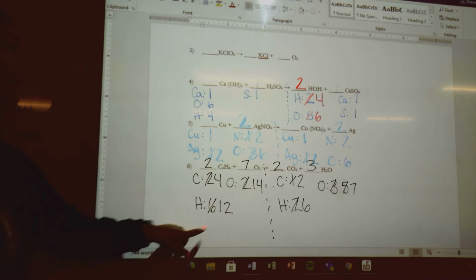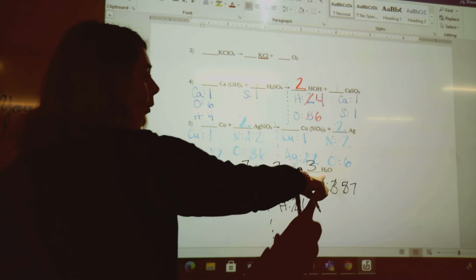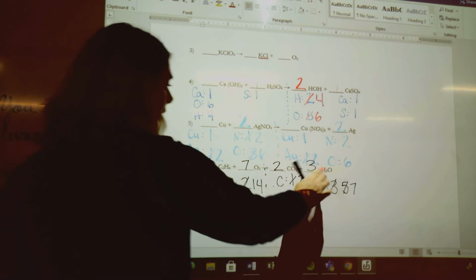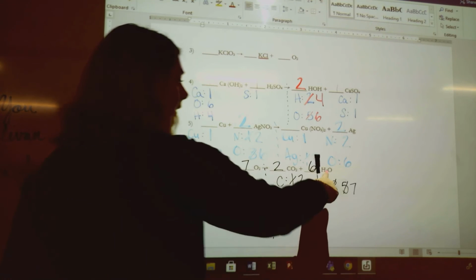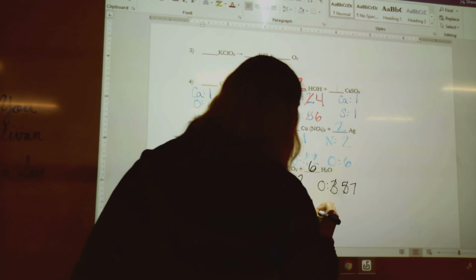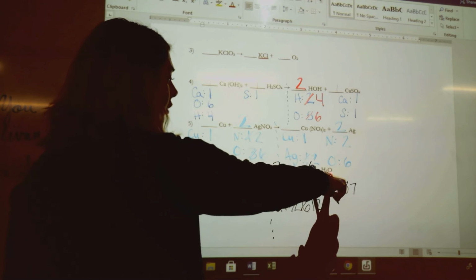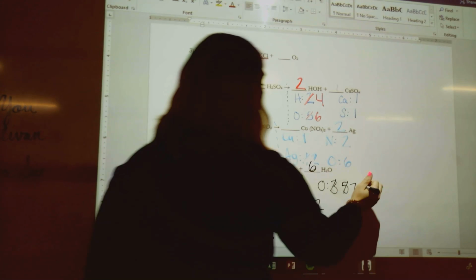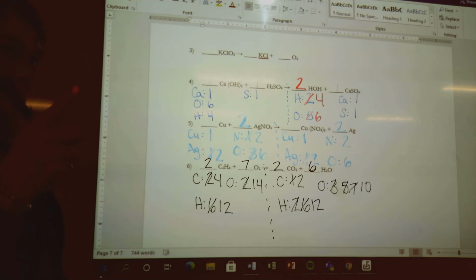I hope this gets us there faster. And then if we need to get this side to 12 hydrogens, we have 2. 6. There you go. We can put a 6 here. And 6 times our H2 gives us 12 hydrogens. And then we have 6 oxygens plus 4. So now we have 10. We're getting closer. And then you have to change the third one.